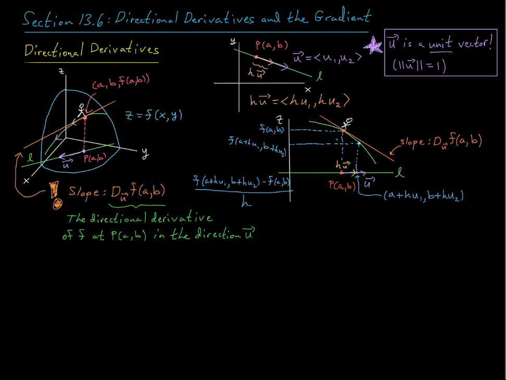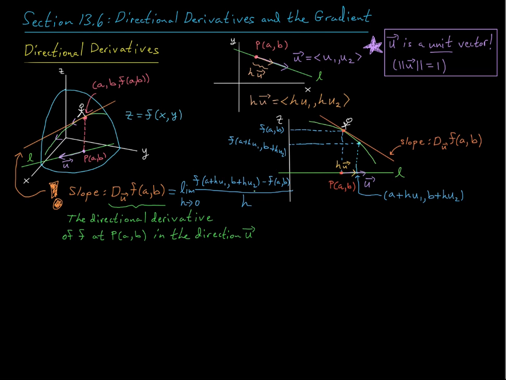This is going to tell me the slope of the secant line that passes through these two points. Then to get the orange tangent slope, we would take the limit of this secant slope as we let h approach 0. So this would be our difference quotient definition for this directional derivative.